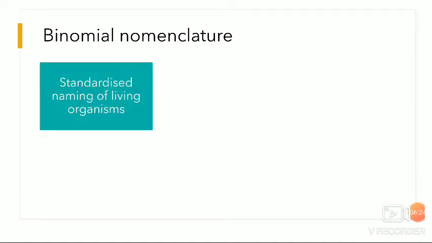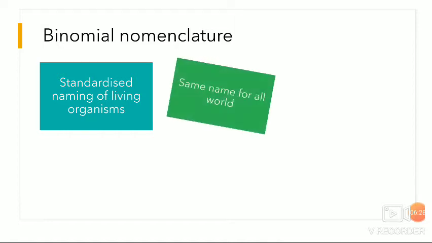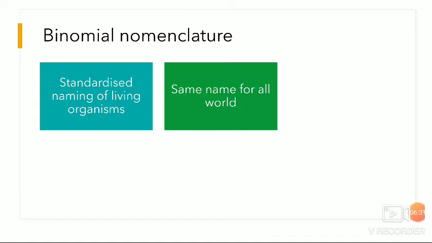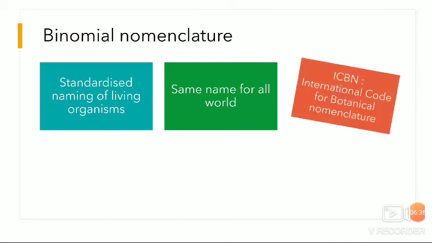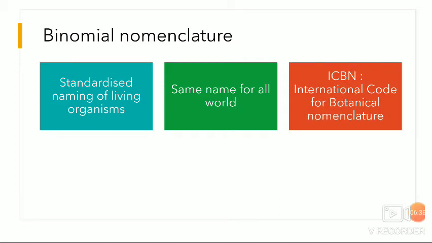Now if we talk about binomial nomenclature, this is a system of providing names to different living things so that everybody in this world can recognize that this is that specific species. It is the standardized naming of living organisms, and it provides the same name worldwide for a specific living organism.